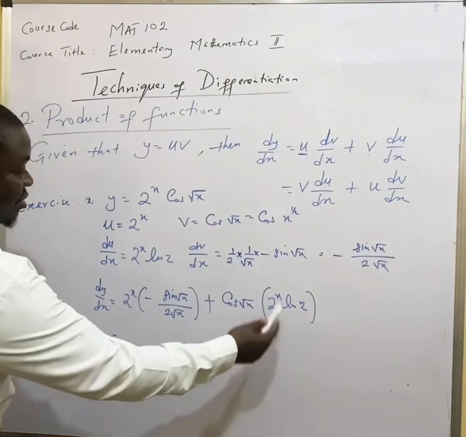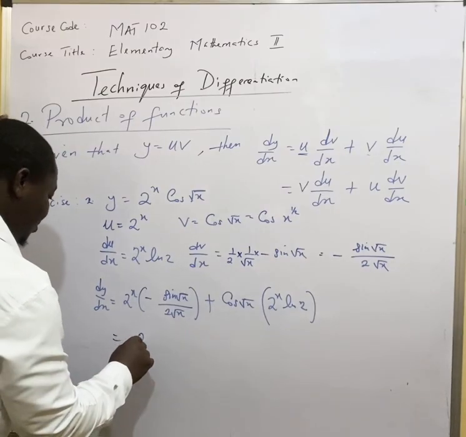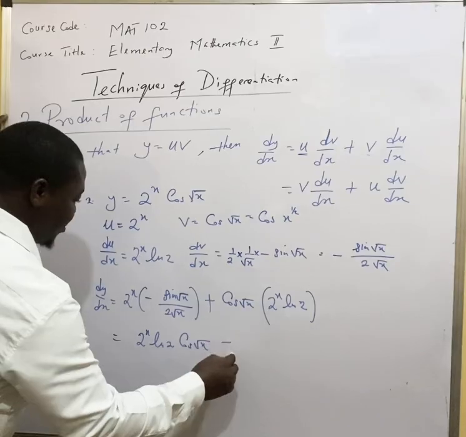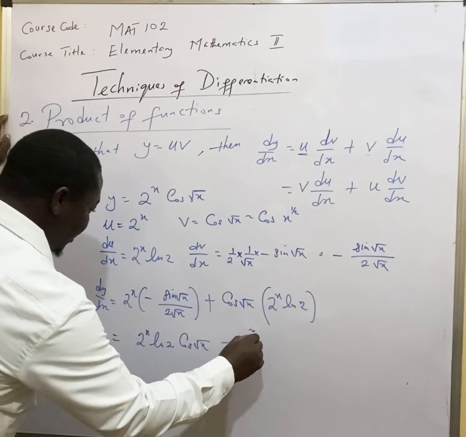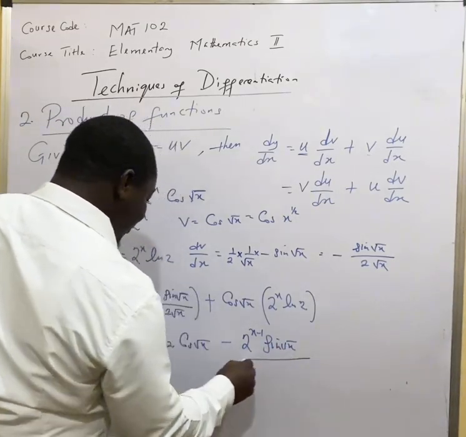So we can try to write the positive one first, so that we have 2 raised by x ln 2 cos root x minus 2 raised by x minus 1 sine root x over root x.